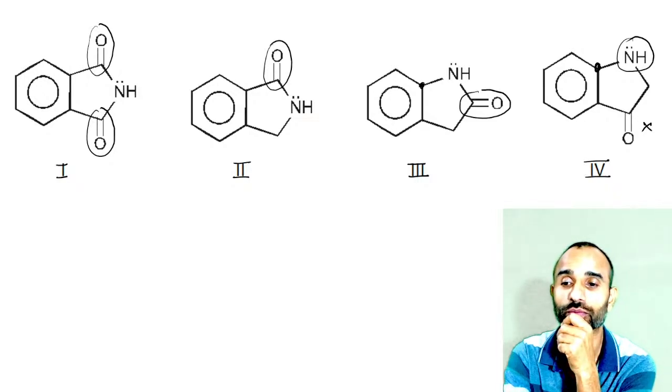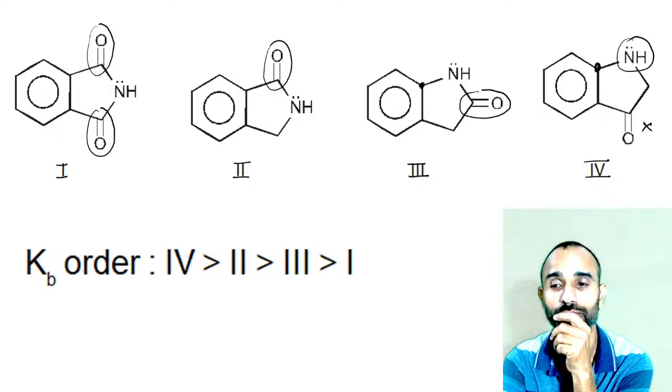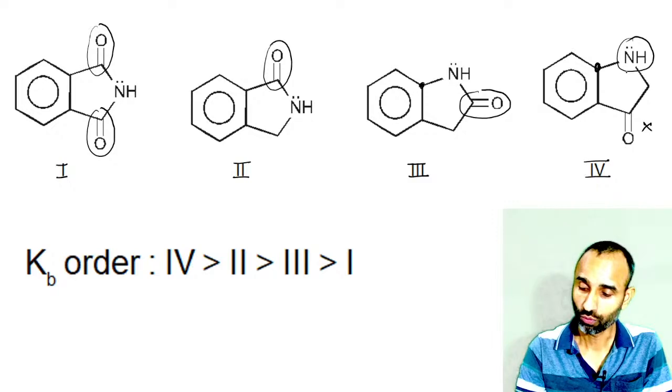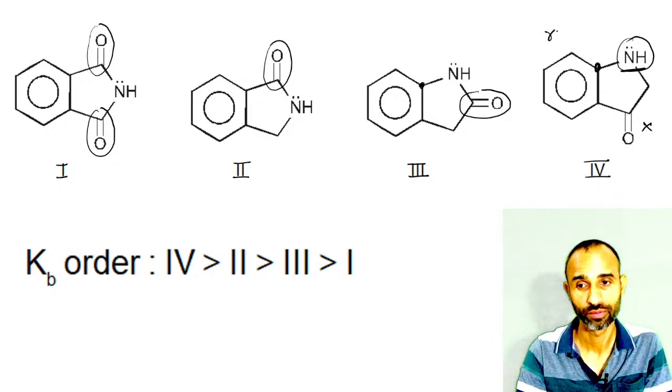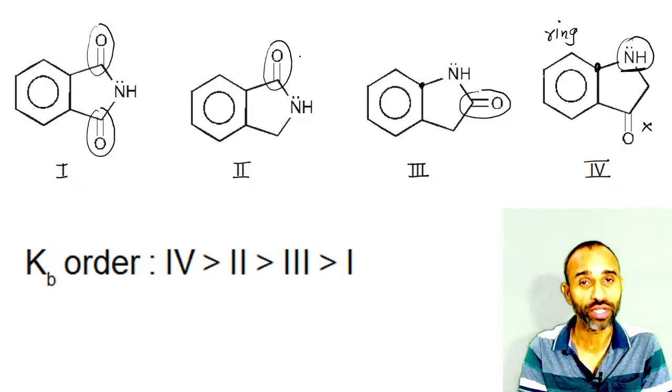Why not fourth? Say fourth, because in fourth the NH group is involved in resonance with ring only, and here it is involved in resonance with CO group. You know, CO group has more effect than ring.